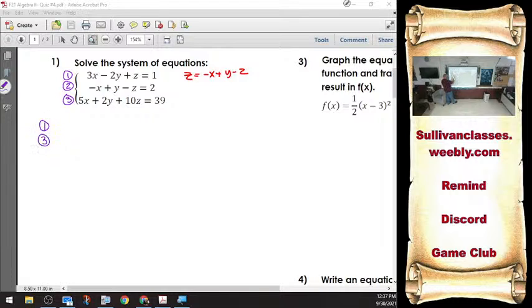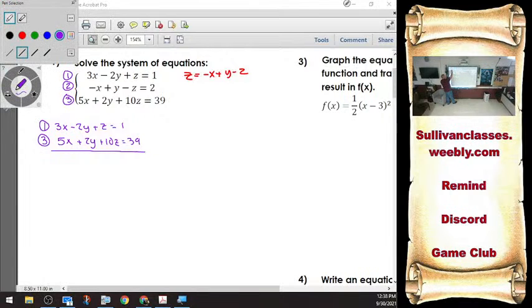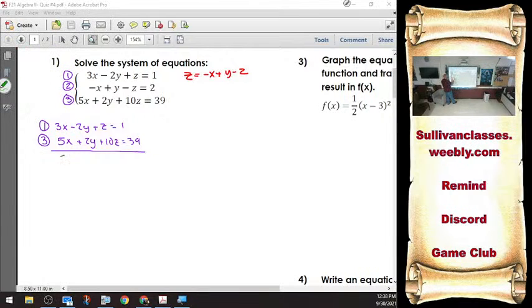Poof, gone. 3x minus 2y plus z is 1. 5x plus 2y plus 10z is 39. And when I combine those, we get 8x plus 11z is 40.